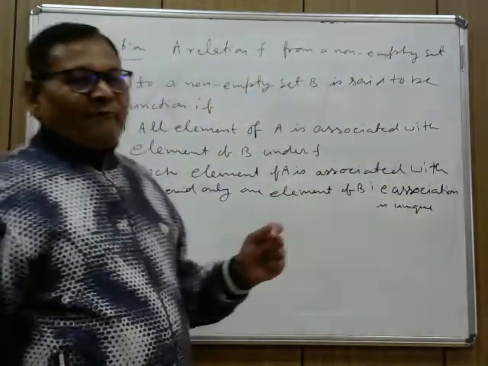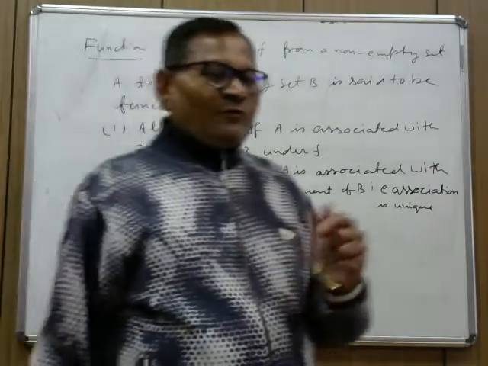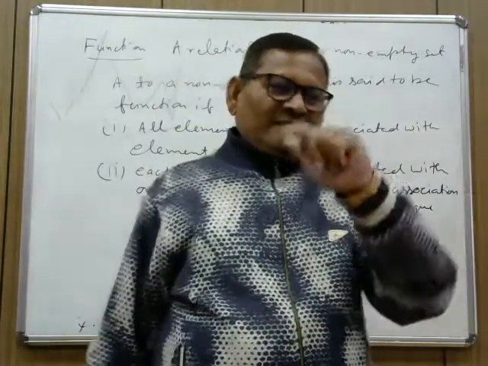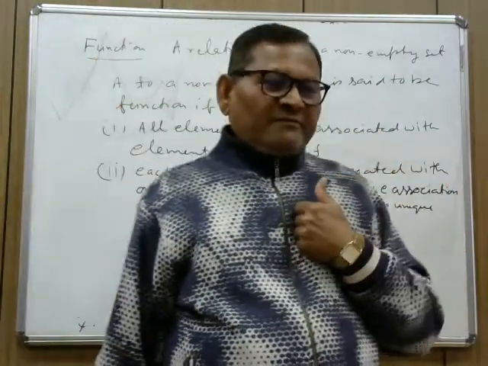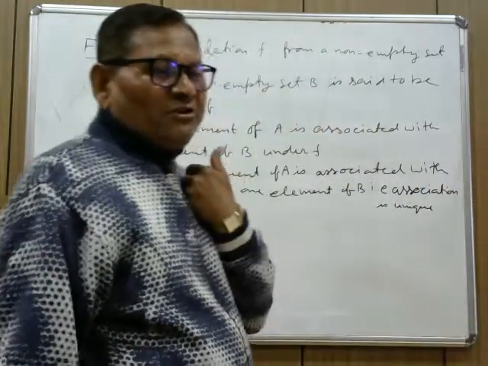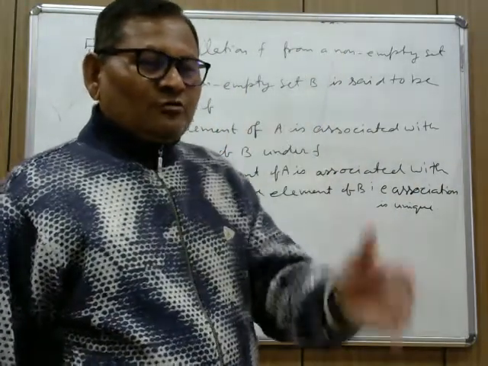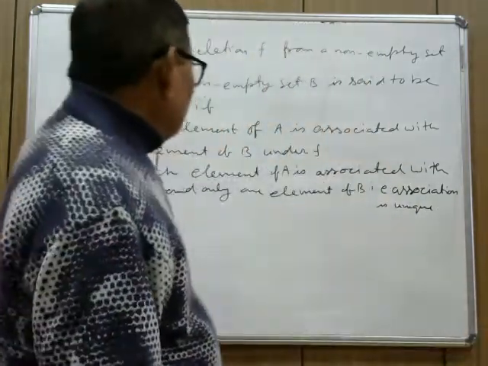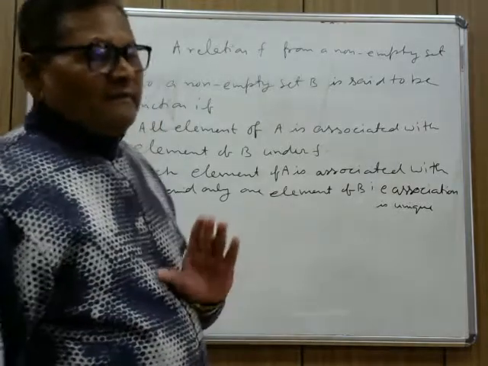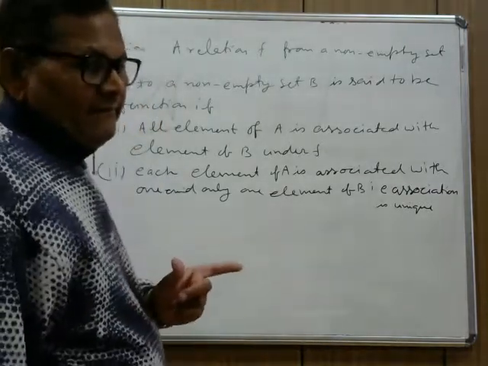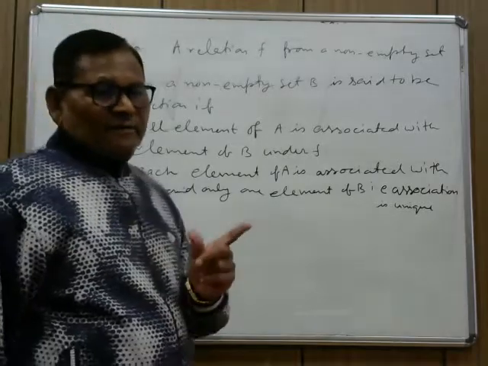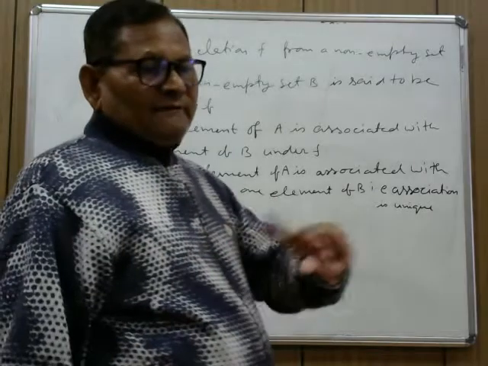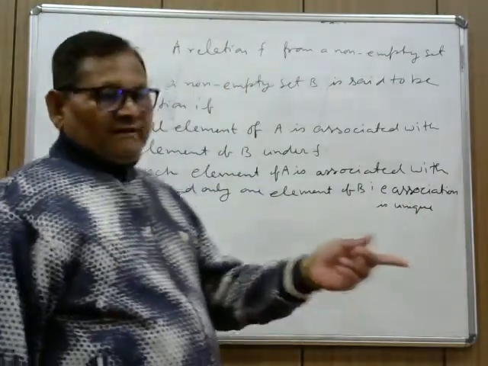First of all, you have understood the meaning of association. You are associated to your parents. You are associated to your teachers. There are two elements, teachers and you. You are associated with your teachers, and to your parents, your family. So in this way, the association can be described. Association means related. In the earlier chapter on relations, you have seen that in the ordered pair (A, B), elements A and B are related, associated.